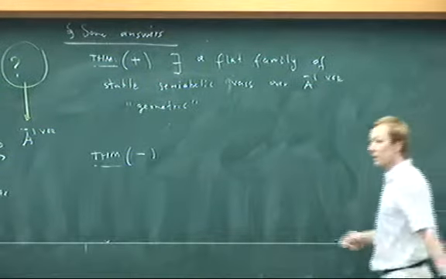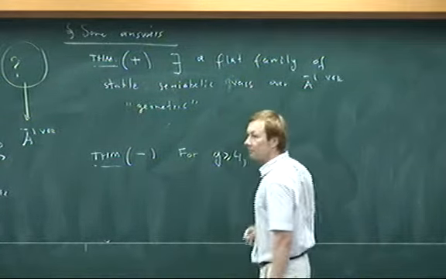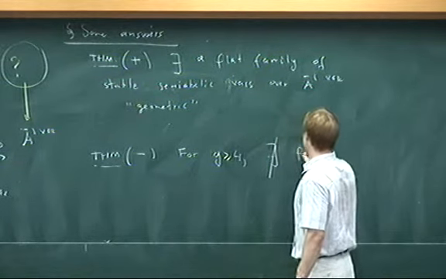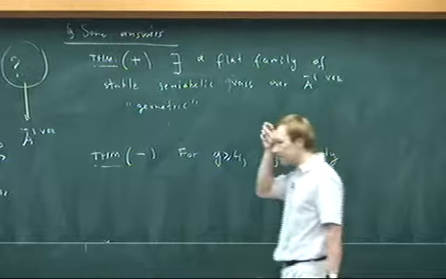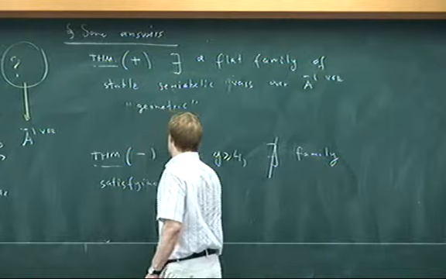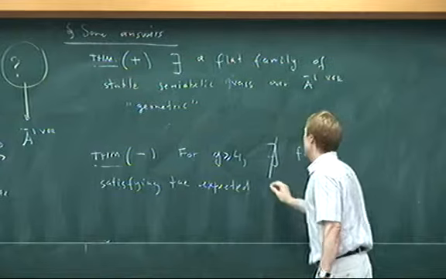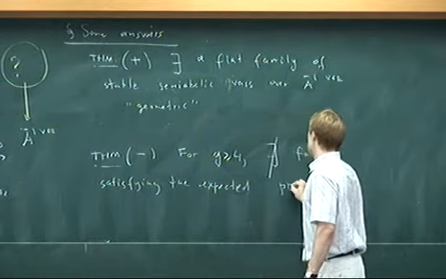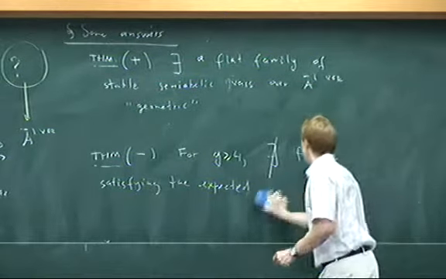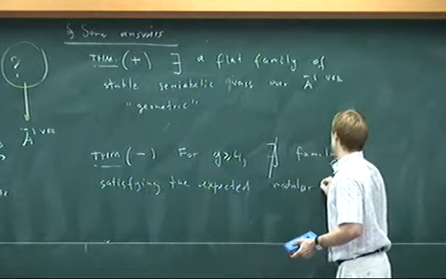And the second statement is that for g starting with 4, there is no family satisfying the expected modular properties.